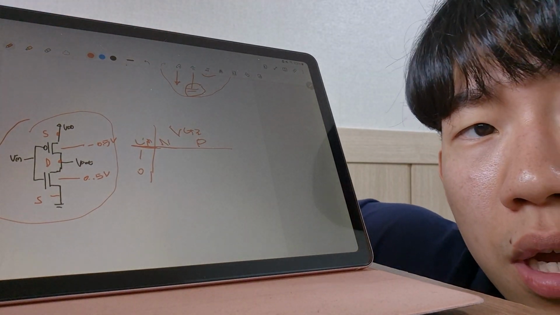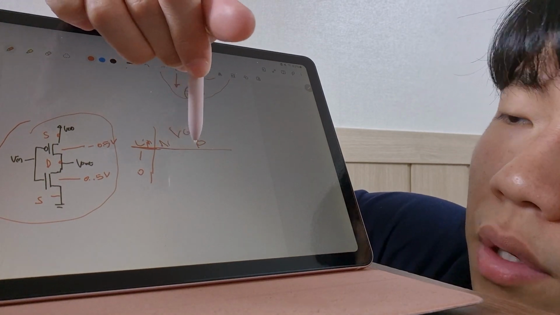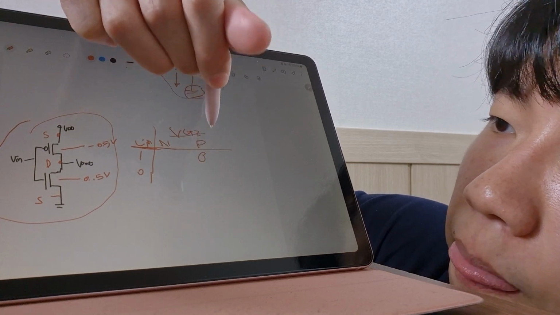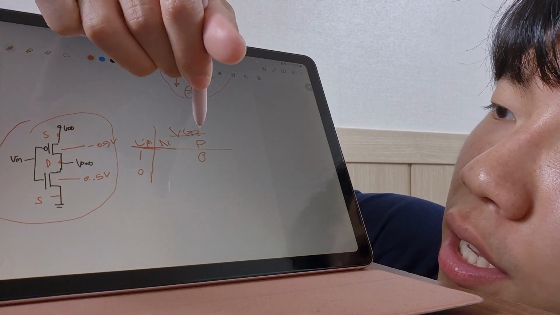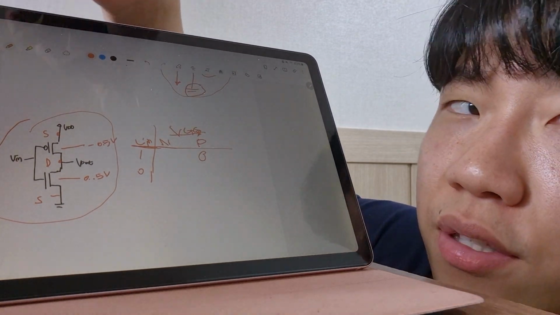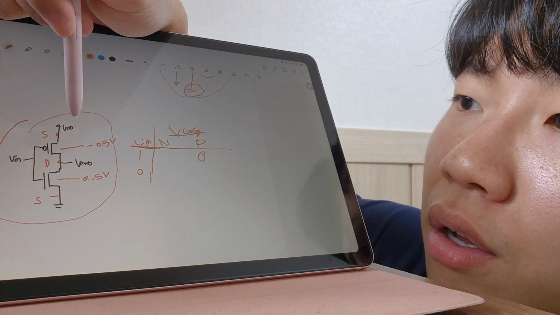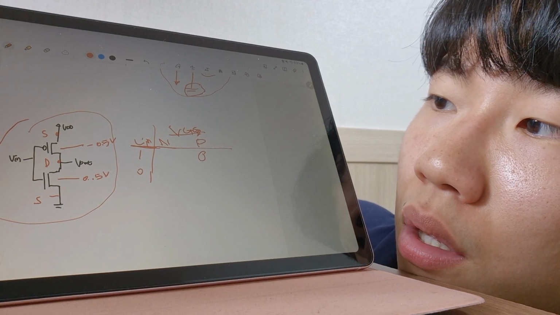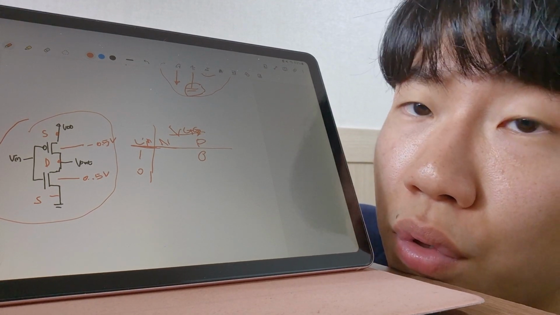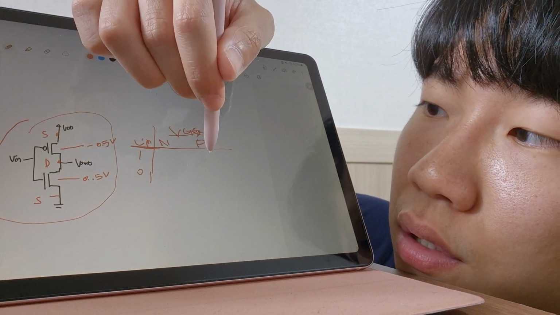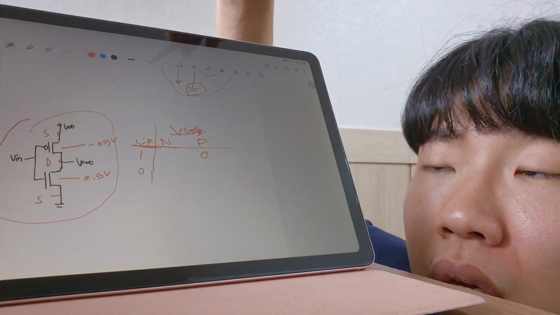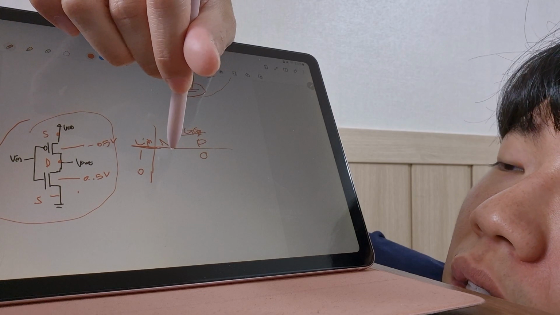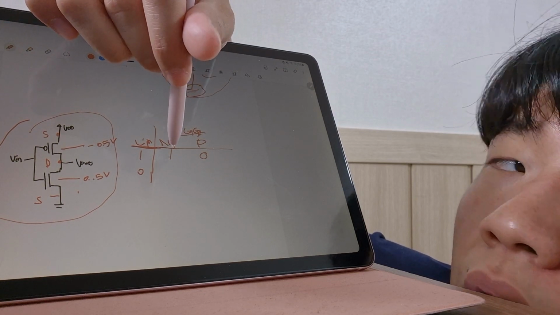If the input voltage is high, for the PMOS, VGS is VG minus VS, so VG is high and the source is VDD too, so VGS is 0, and for the NMOS the source is ground, so VGS is high.